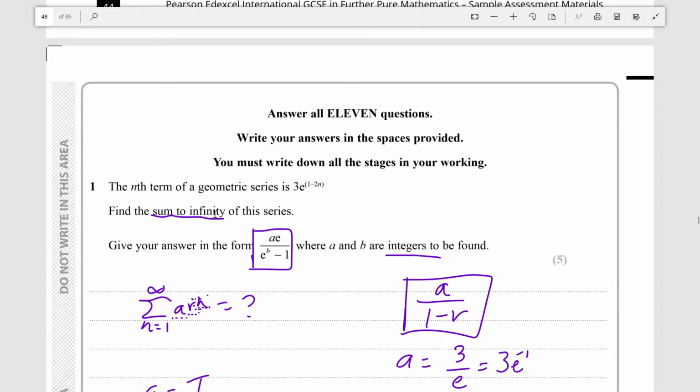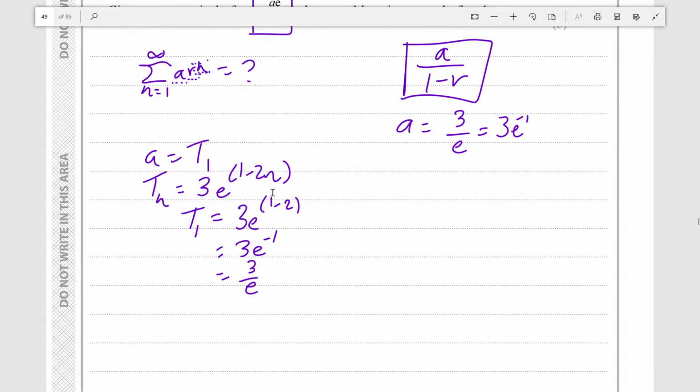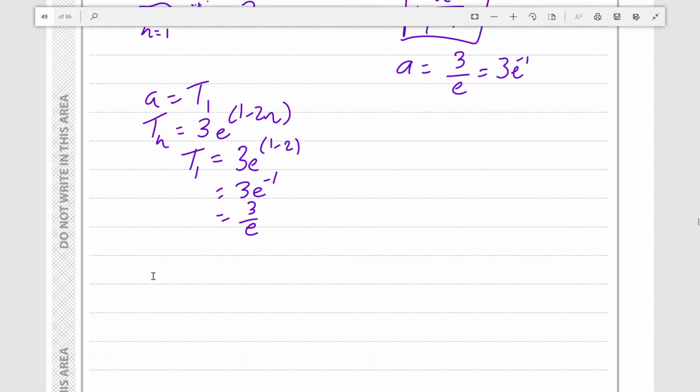And now if we find term 2 and divide by term 1, we will find the common ratio. So t2 over t1 is equal to r. Term 2 is 3 times e to the 1 minus 4, which is equal to 3 times e to the negative 3.